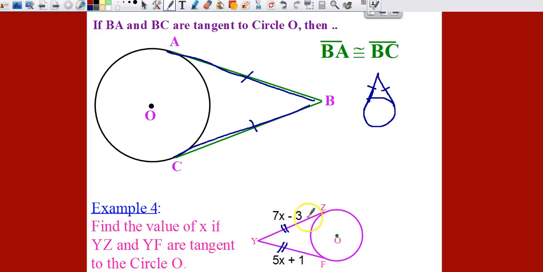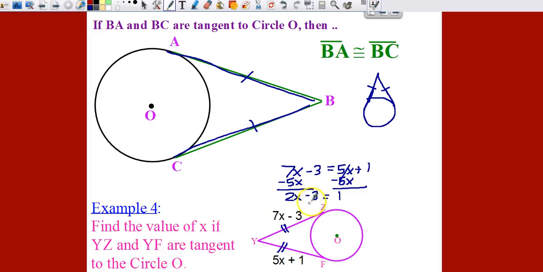If I have the 2 segments here, we want to find the value of x. So we're going to solve this equation. We take that 5x away from both sides. That's going to be 2x minus 3 equals 1.